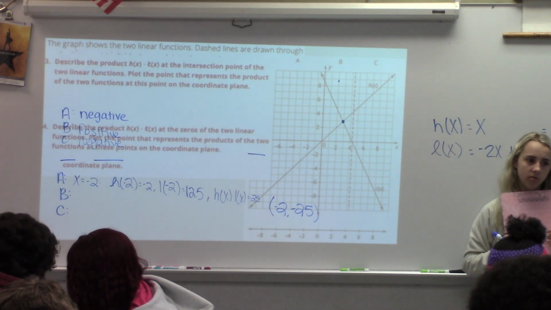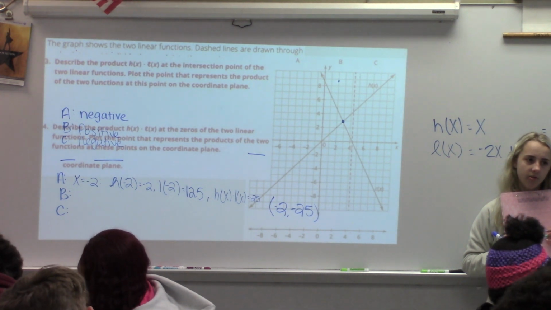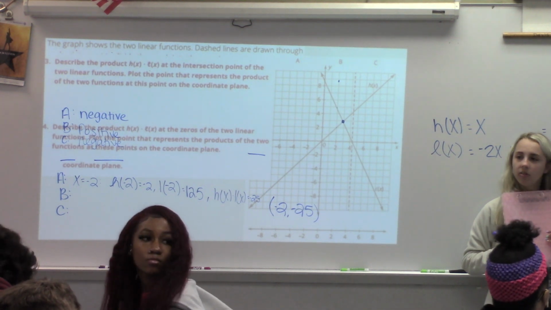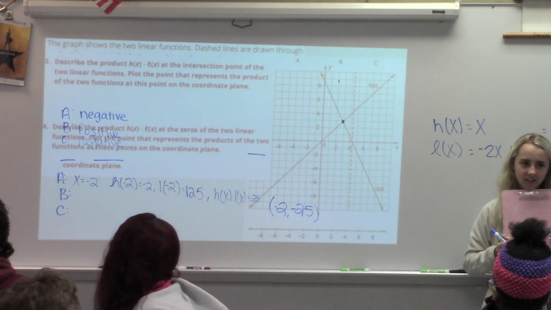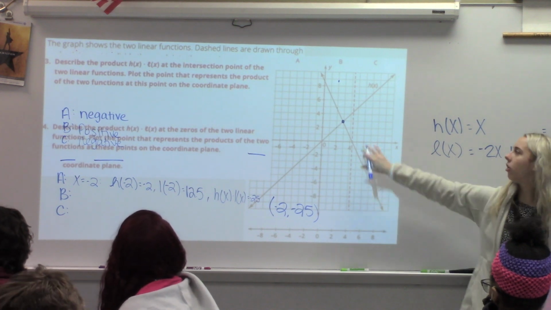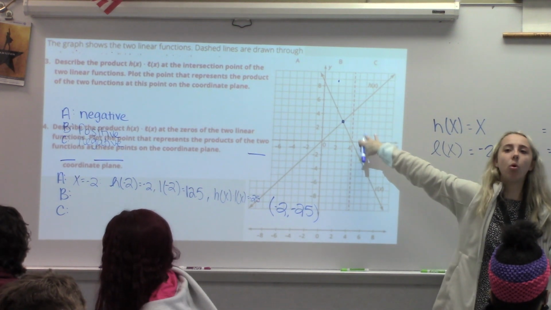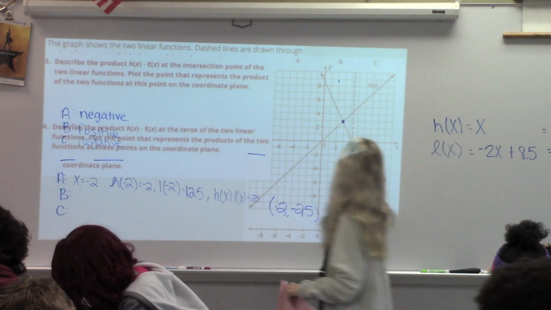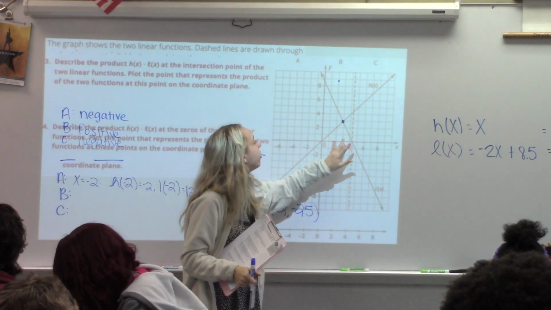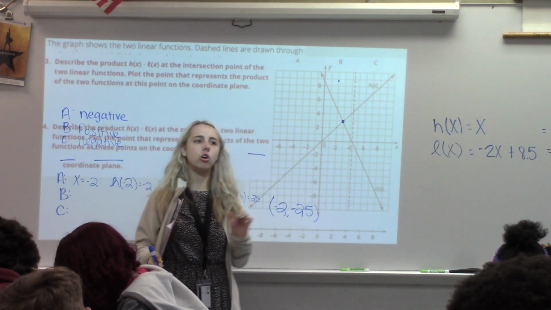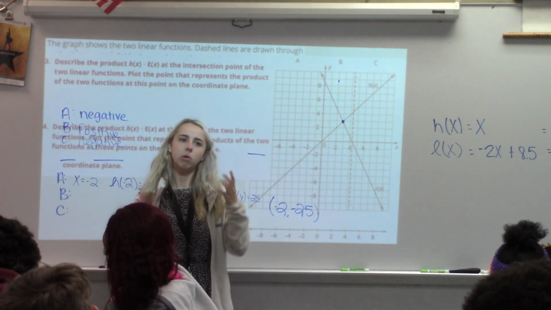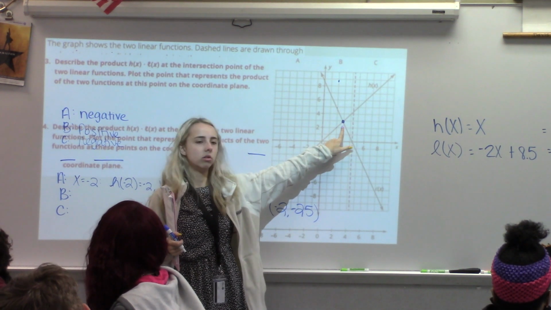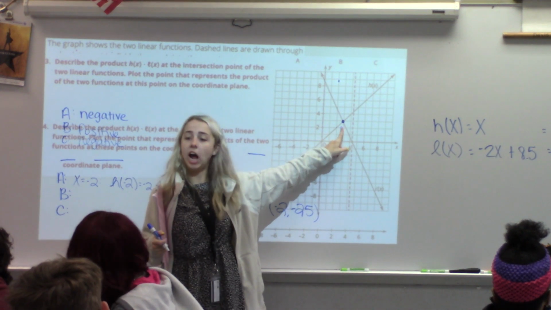So y'all got that? This point's not on the crossing points of this grid, but we can say it's about 3, right? So what would that new output be, approximately? 9.